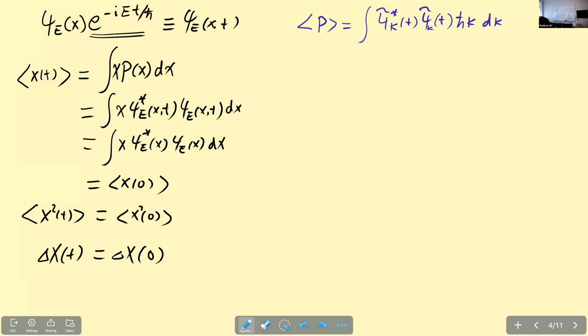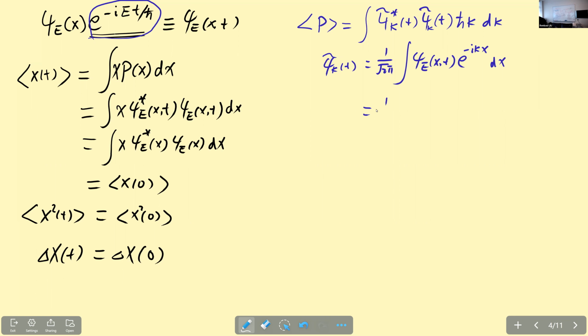Let me do this one first. We know that this Fourier transform will be just 1/√(2π) integral of ψ(x,t) e^(-ikx) dx, right? So that is the Fourier transform. But this one is different from the x0 one only by a phase factor.